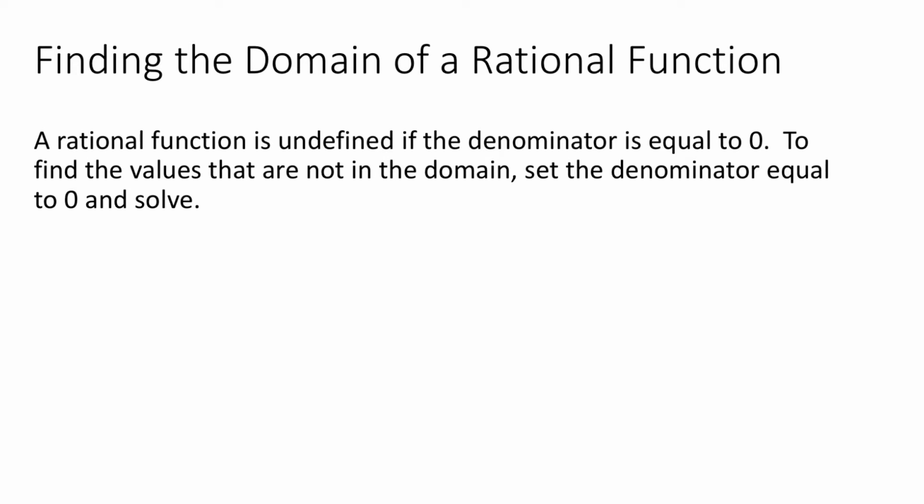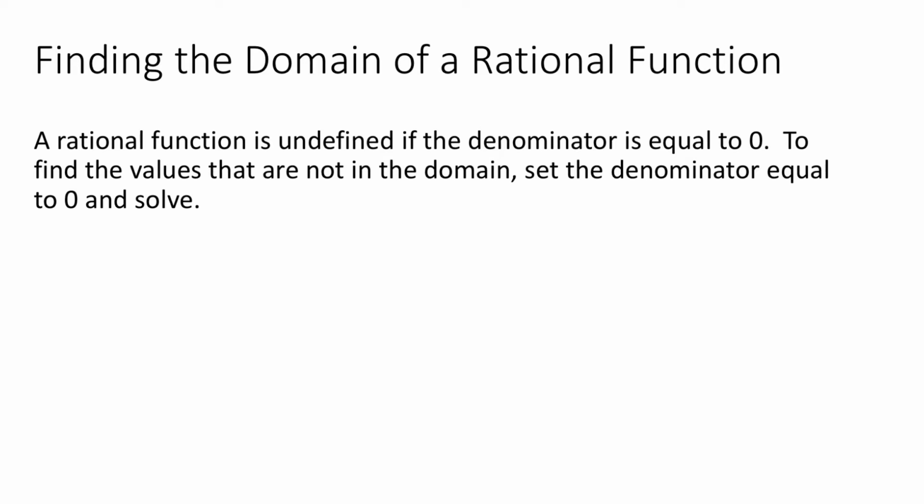Now, how do we find the domain of a rational expression or a rational function? A rational function is undefined if the denominator is equal to 0. So we never want the denominator to equal 0. We want to find the values of x that would make that denominator 0, and then we say those values are not in the domain.